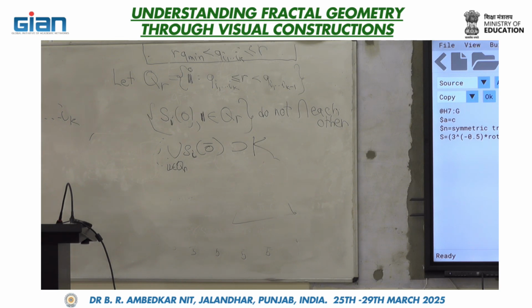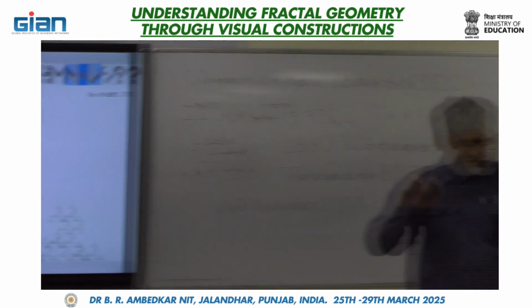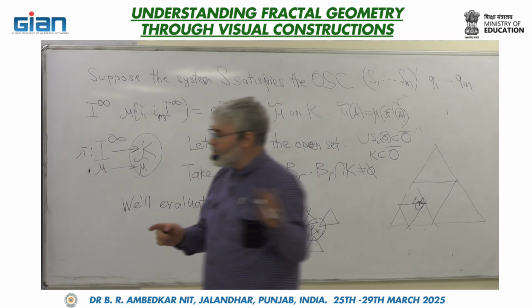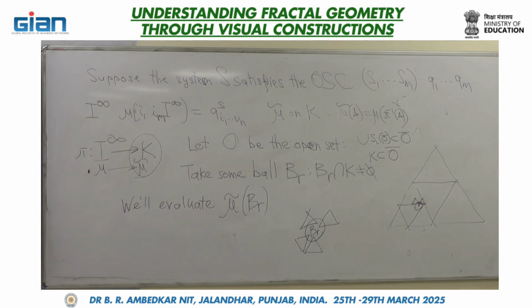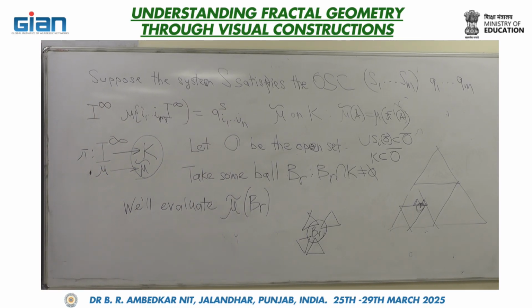So we have a very strange self-similar set. Its copies could intersect and act in very different ways. But when we take this open set condition, it makes them behave uniformly.